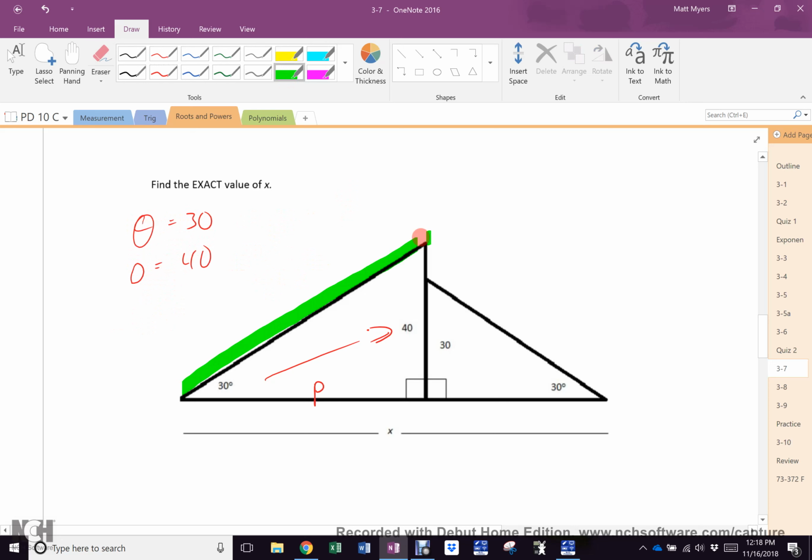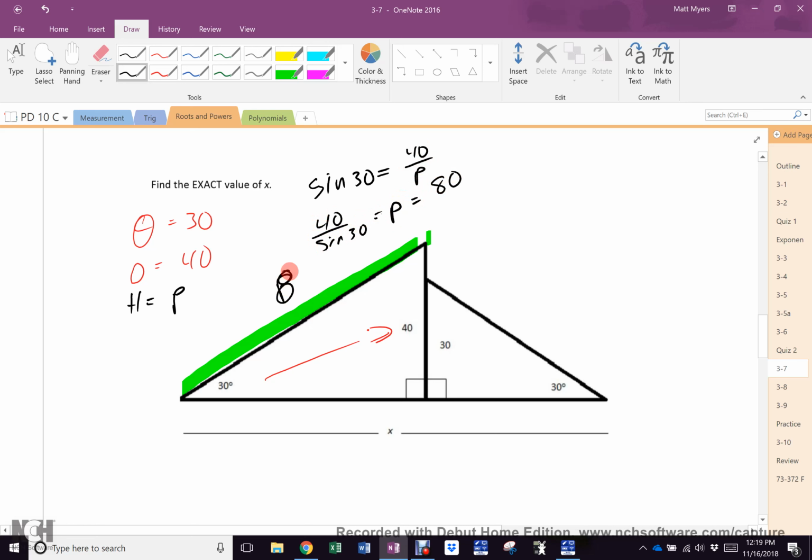How? Not yet. Sine hypotenuse equals, let's call that one P now. So, sine of 30 equals opposite 40 over P. 40 over sine 30 equals P. And when you do that math, what do you get? 80.